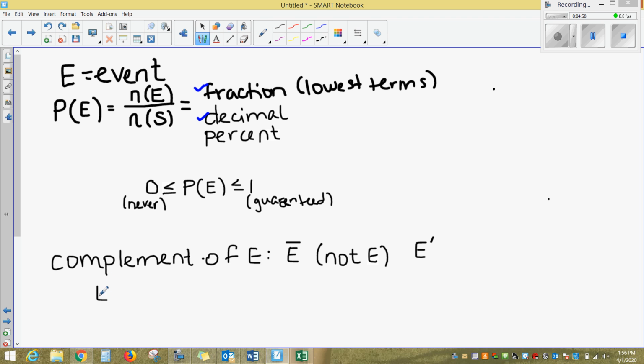So if E is the event that when I flip a coin, I flip heads, the complement of E would be not E, not flipping a head, which would be flip tails.